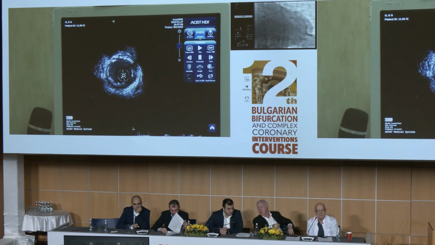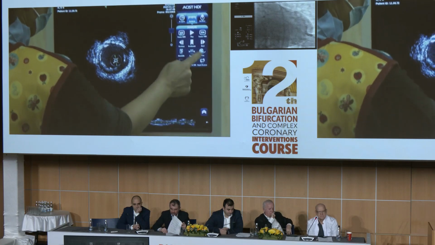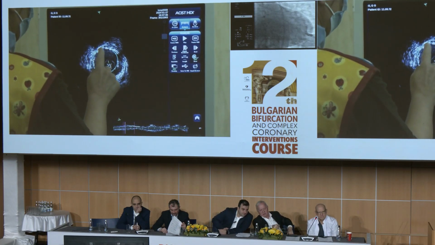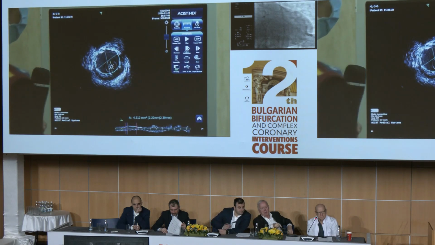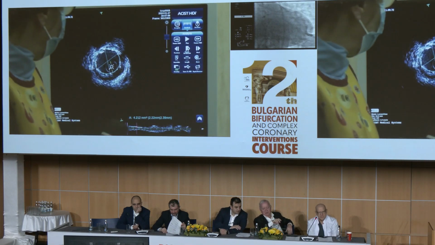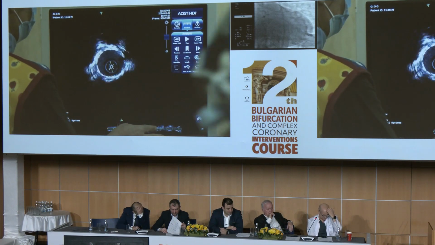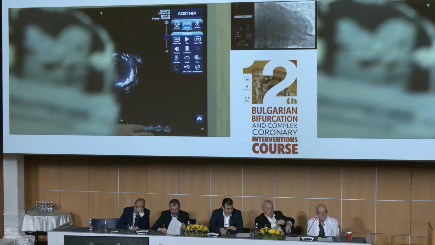I will make additional post dilation with the non-compliant 2.5 balloon just on the whole segment of the stent, just to be sure that the stent is not underexpanded and to try to correct malposition.